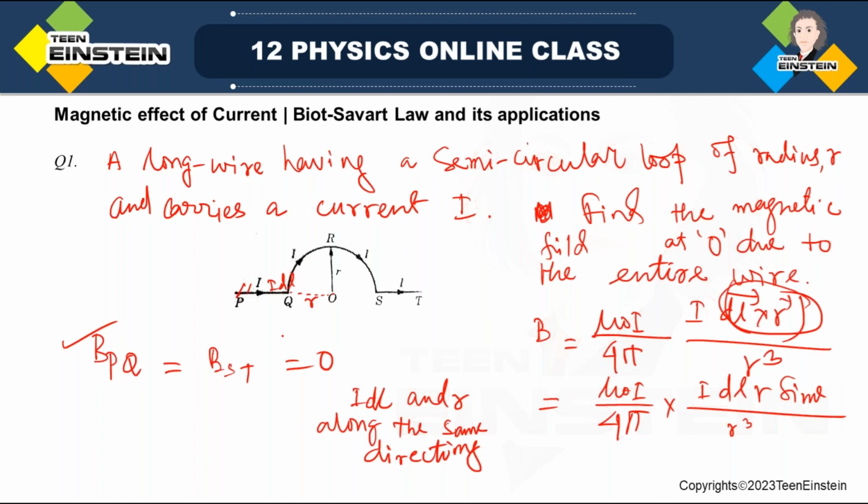Now we'll see the magnetic field due to the curved path.